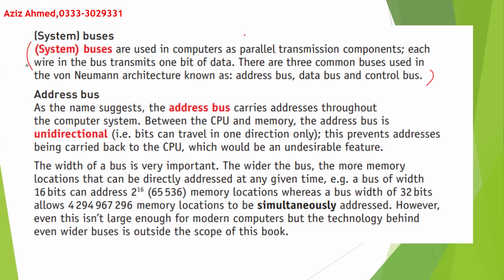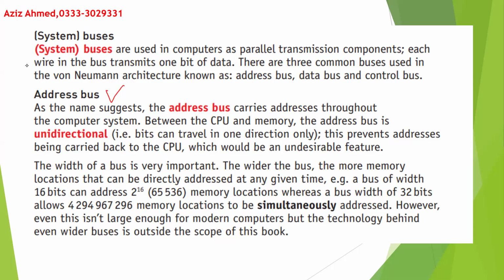The buses in the Von Neumann architecture are the address bus, the data bus, and the control bus. So there are three types of buses. The first one given is the address bus.